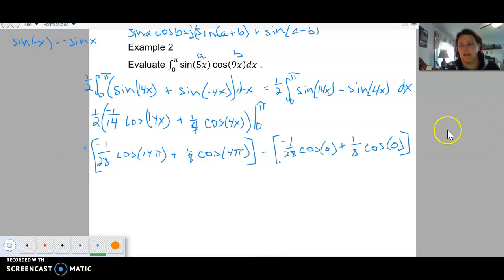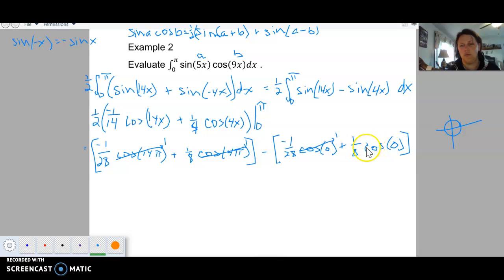And then let's look at our unit circle here. For cosine, our unit circle is our x values. So at 14 pi and 4 pi, those are always going to end up being back at the same place as 2 pi, just going around 2 or 7 times in these cases. So our cosine is going to equal 1 for both of those, and that's also going to be the same for cosine of 0.